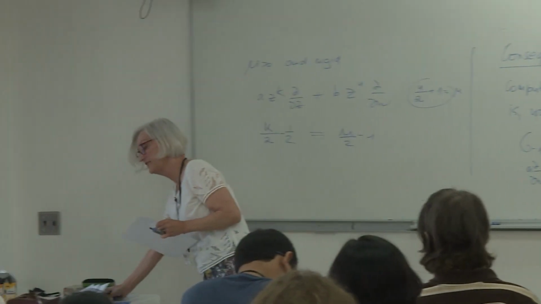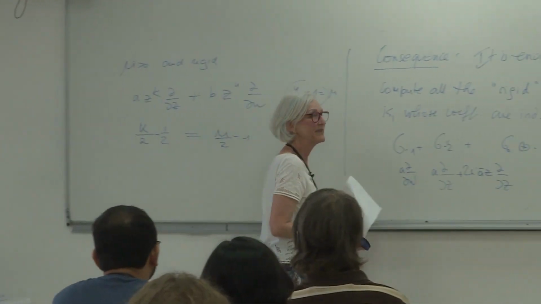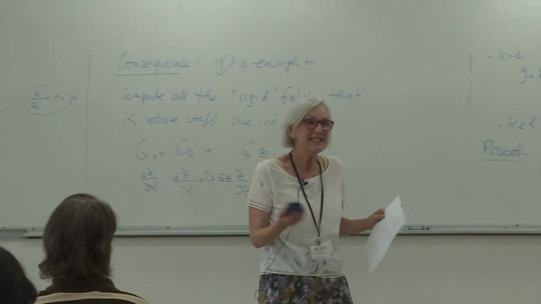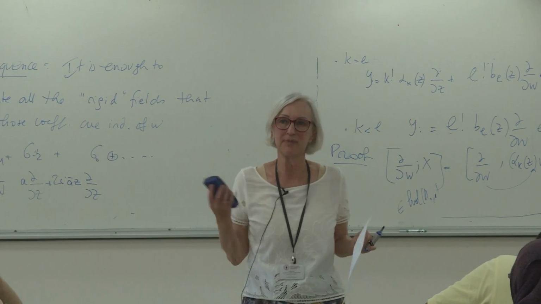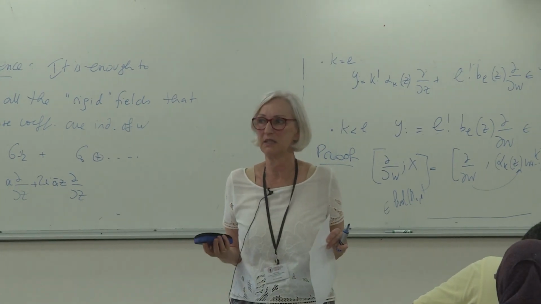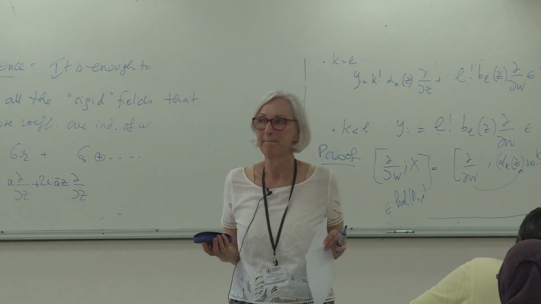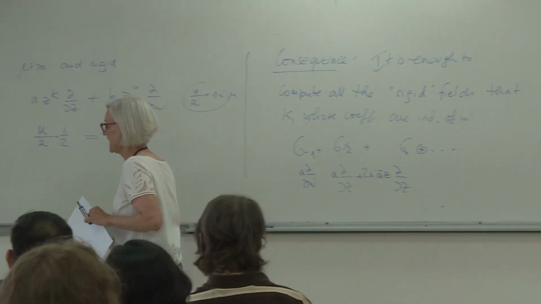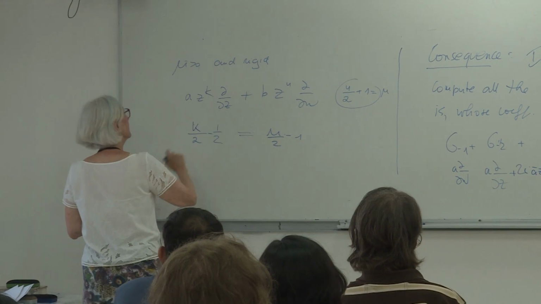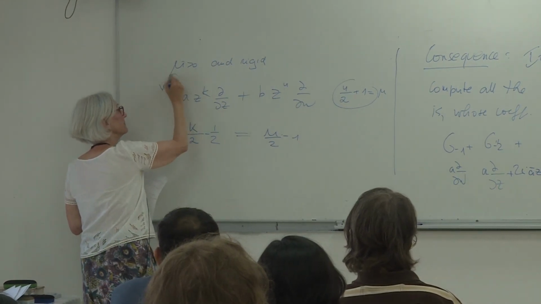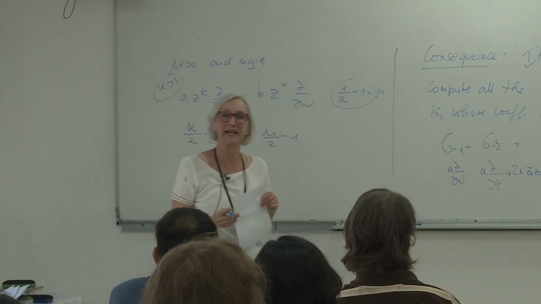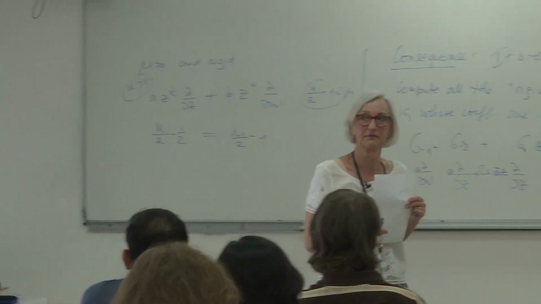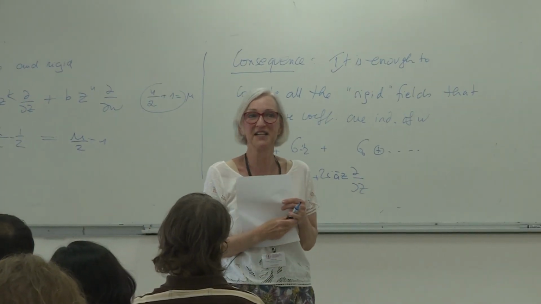We have enough time. So I tell you, you think there is a lot of them just by intuition? If k is bigger than 1, what do you think? What is your guess? You think there can be one?